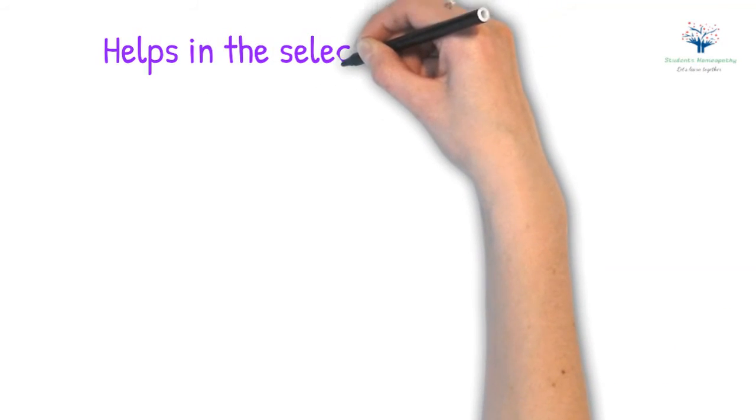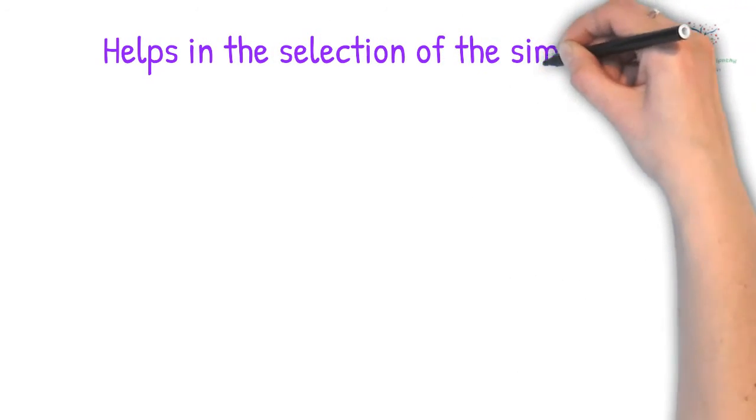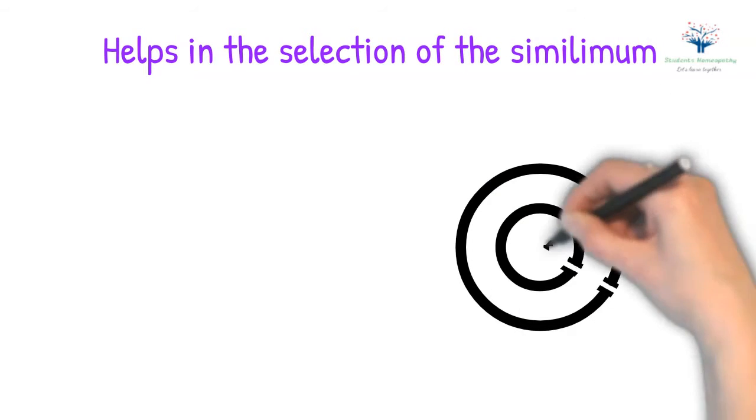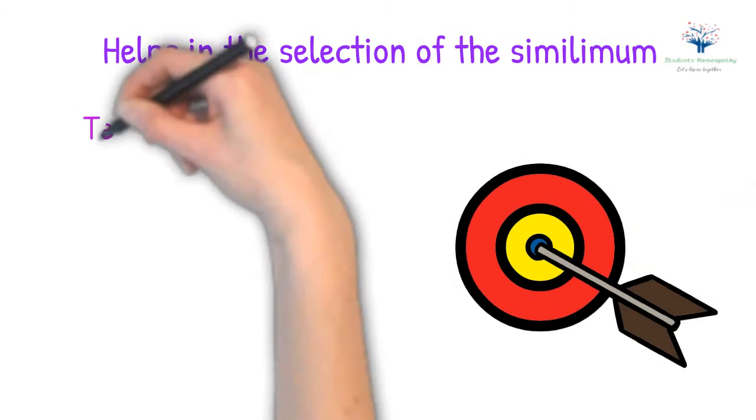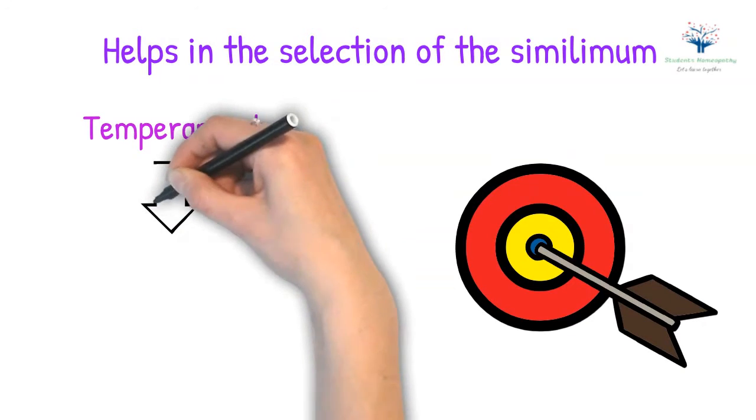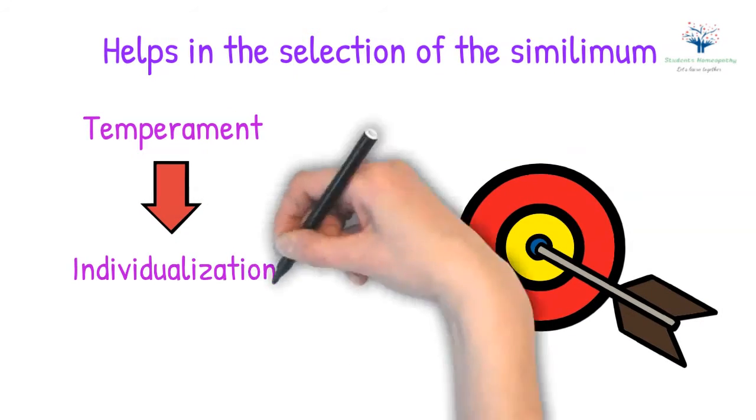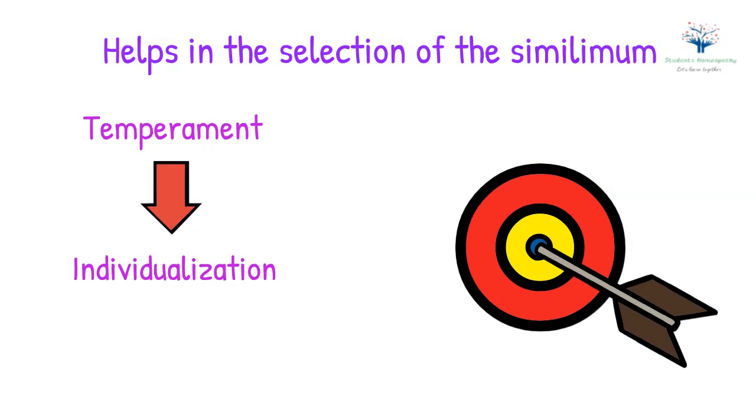Next, the knowledge of temperament also helps in the selection of the simillimum. As temperament is believed to be innate and not changeable, it is an important factor in individualizing the patient, so it can help greatly the individualization, which is the hallmark of homeopathic prescription.